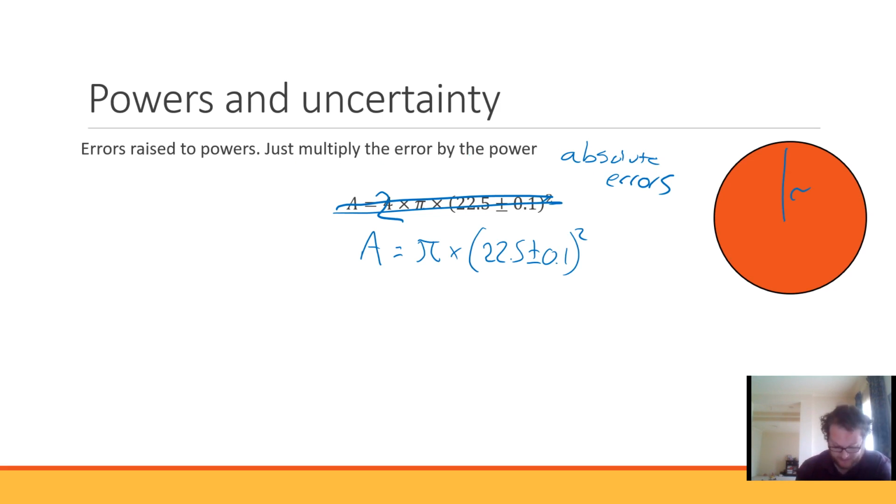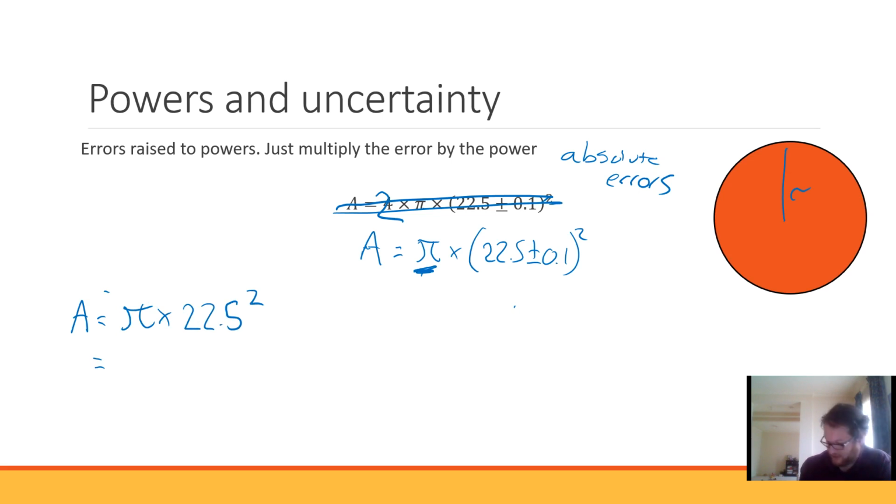So let's deal with this. We've still got this scalar here, so just keep that in mind. We're going to do two parts here: the area calculation over here, and the error calculation over here. The area is going to be easy. We're just going to go pi times 22.5 squared.